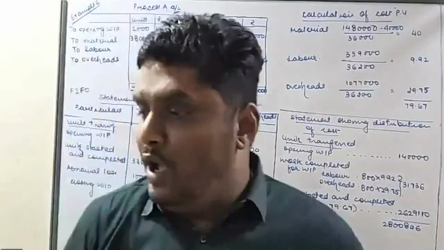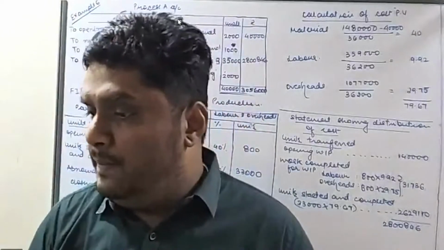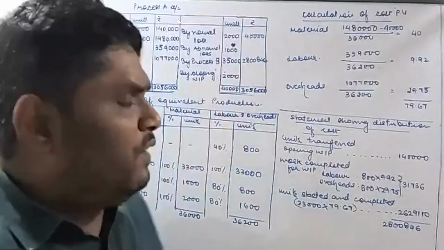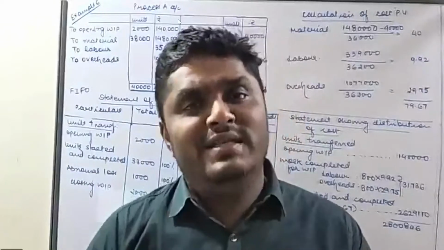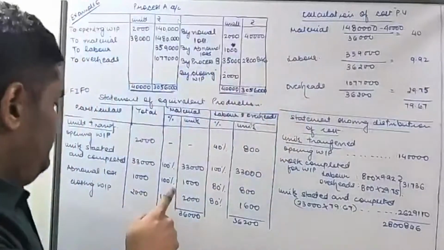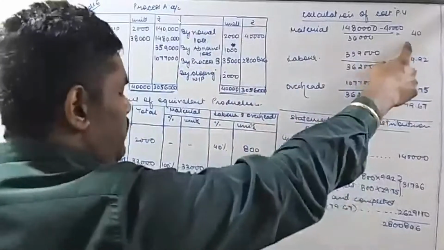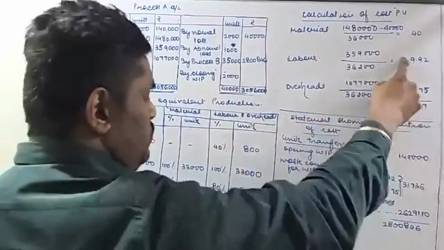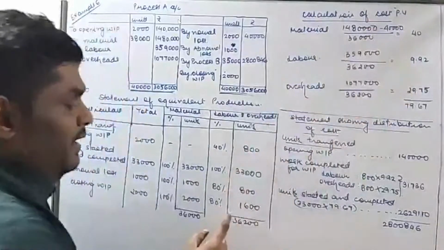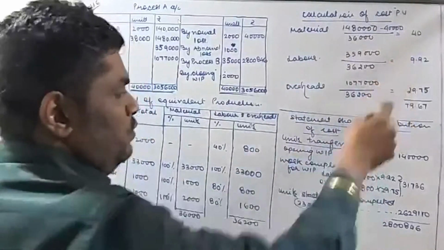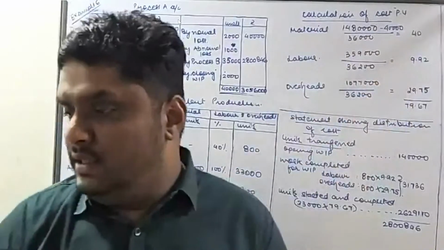So this is how you have to solve FIFO method. Further, the calculation of abnormal loss and closing work in progress is simple, wherein simply 1,000 into 40 and 800 into these two. And for closing work in progress, 2,000 into 40 and 1,600 into these two. I'm just writing the answer directly.